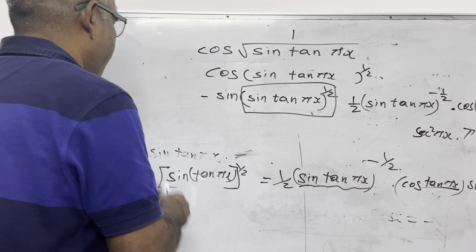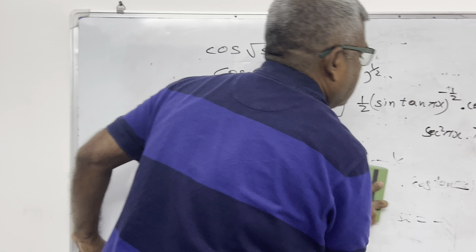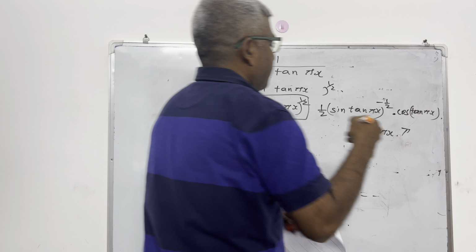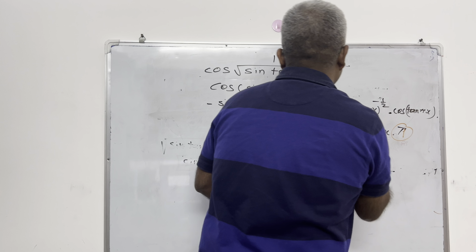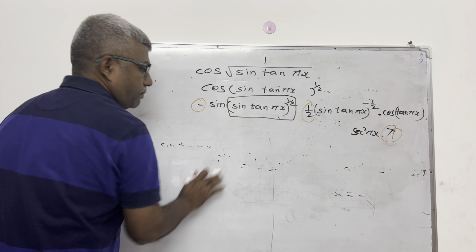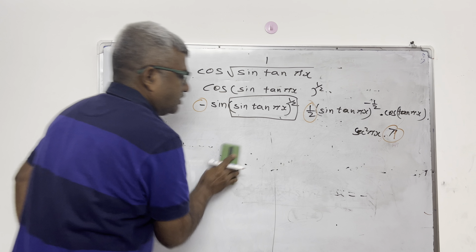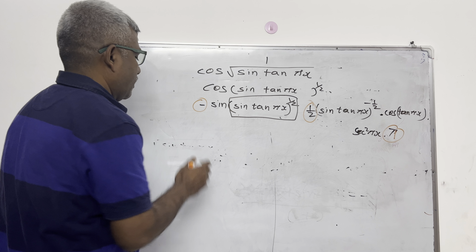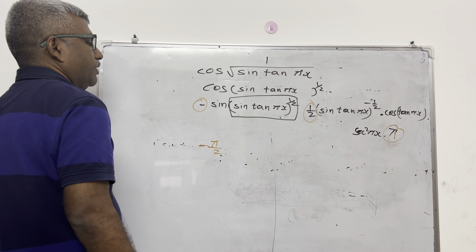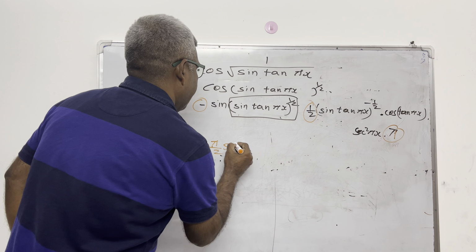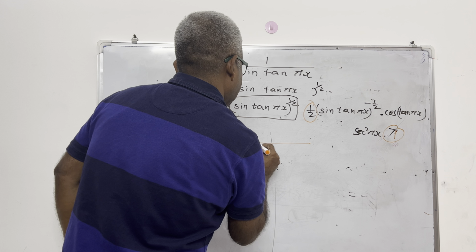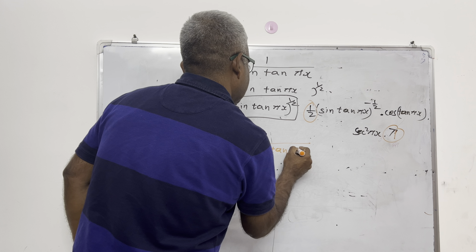Now we can simplify. Here what are the numbers? 1 pi is there, 1 by 2 is there, 1 minus sign is there. So simply we can write minus pi by 2. Then sine square root of sine tan pi x.